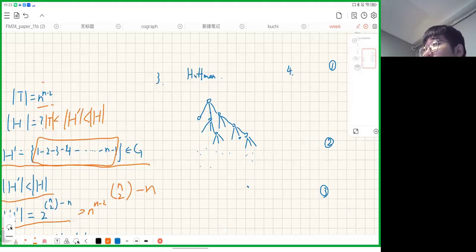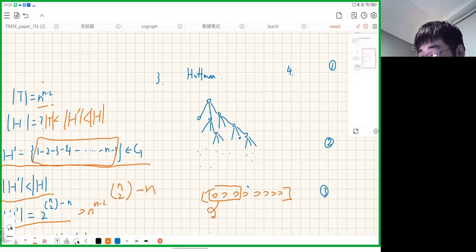Okay, let's go to question 3. Basically, it's just an edited version of the Huffman algorithm. What is the Huffman algorithm? We first order all the words by frequency, and then we choose the ones with the least frequency and consider them as one.